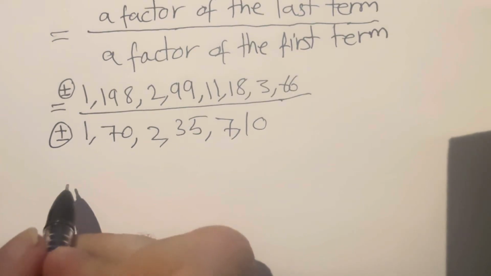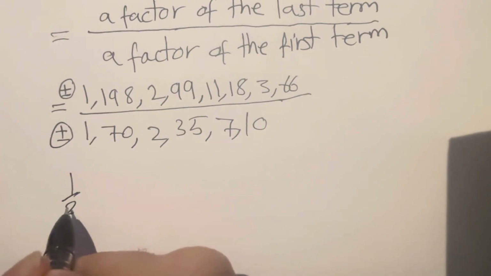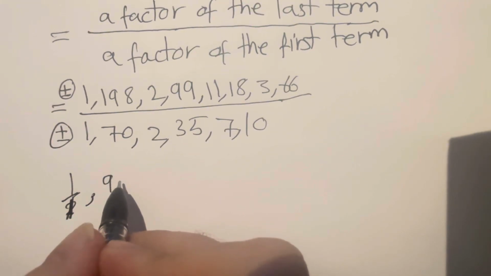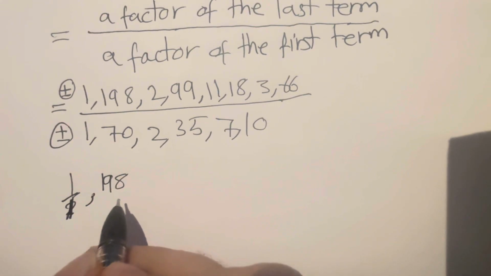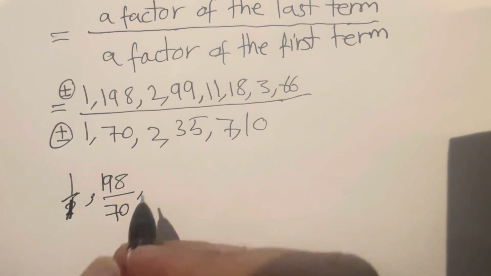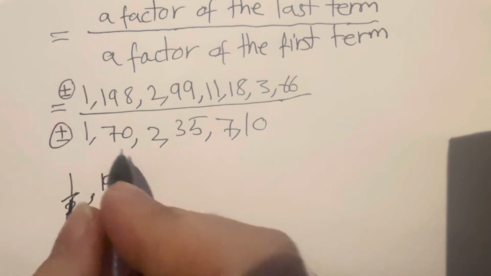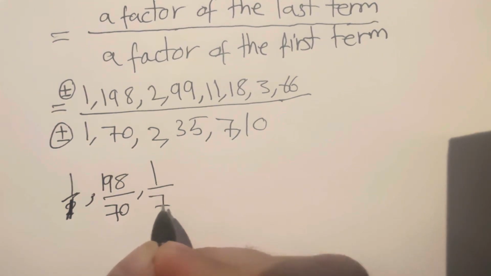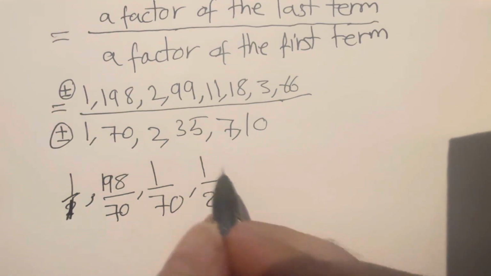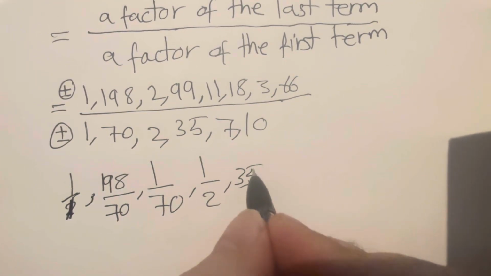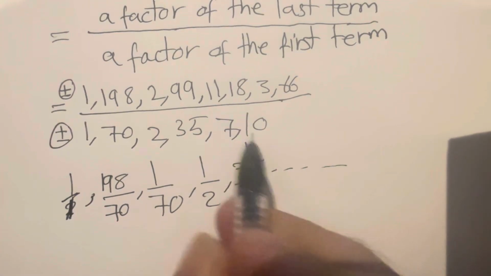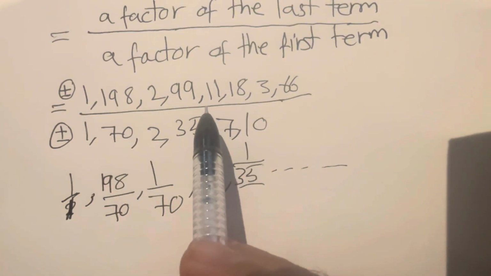Let's say 1 divided by 1, 198 divided by 70, or 1 divided by 70, 1 divided by 2, 1 divided by 35.